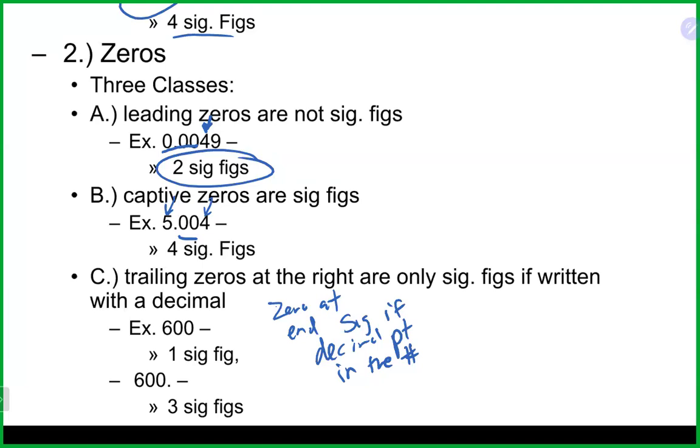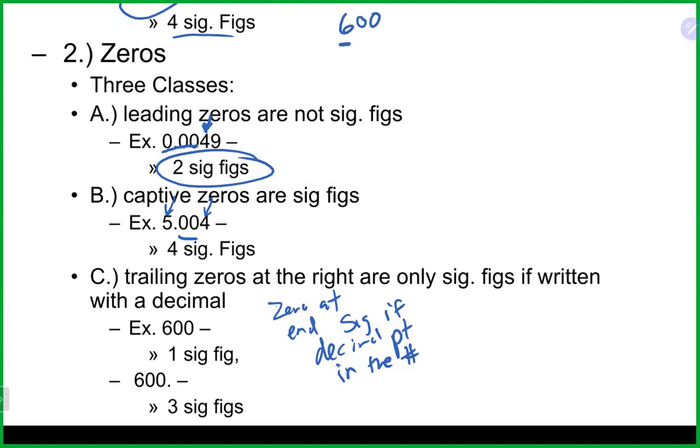So for example, here I write my 600 like this, no decimal point written. It has only one significant figure, which would be this number right here. There's no decimal written, although we do assume that there is a decimal point when we turn something into scientific notation. In the case of significant figures, if it is not written, it's not there.